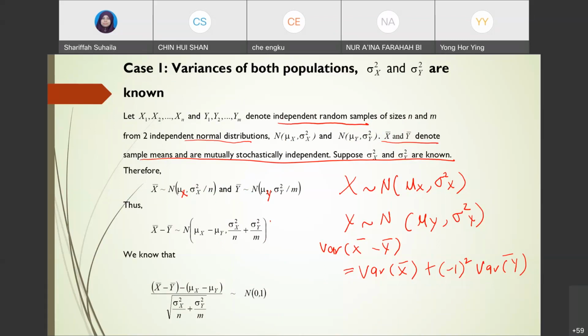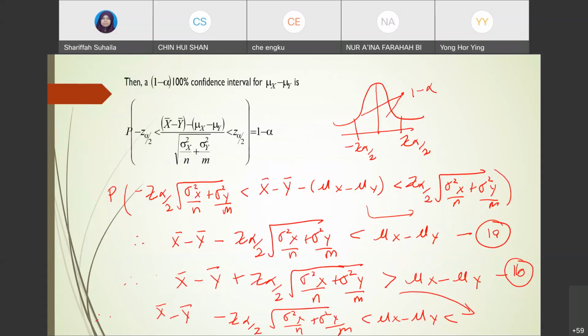Y bar kita ada mu y, sigma square y over m. Okay, so this is your standardized form. Okay, so kita nak construct 1 minus alpha confidence interval. So probability is equal to 1 minus alpha, between minus z alpha over 2 and z alpha over 2. Okay, so set up kan.